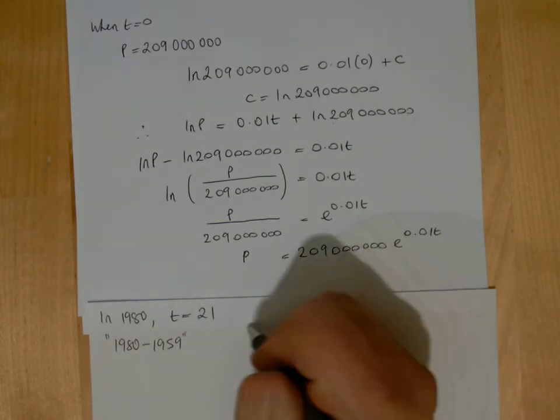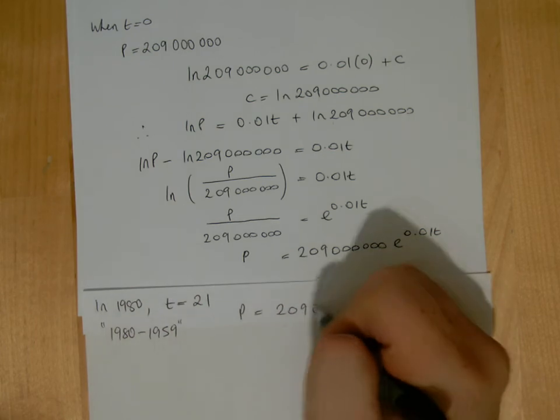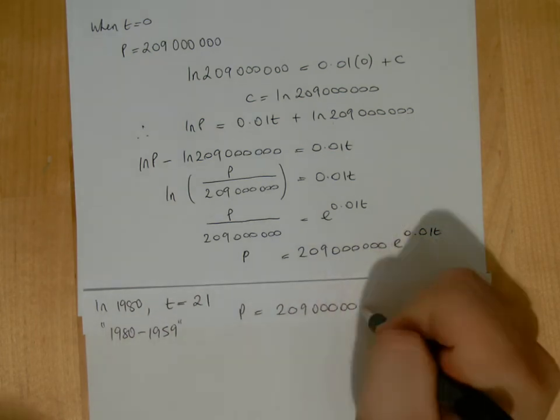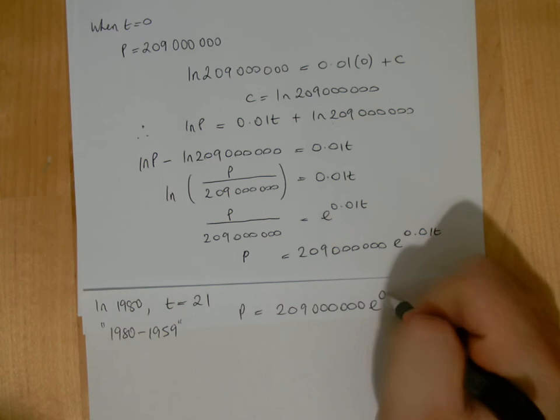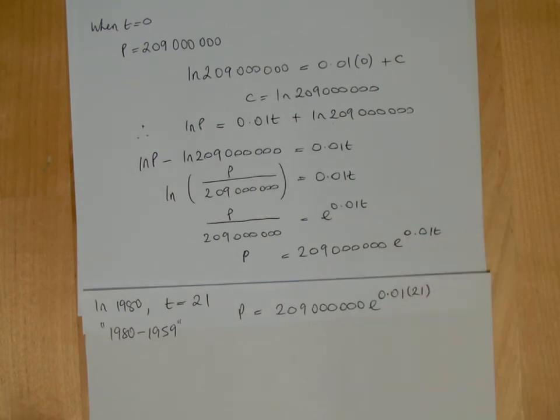So the population will be 209 million, it's only a prediction, of course, right? The model, based on the growth back in 1959. So this might not actually have been the population in the 1980s.